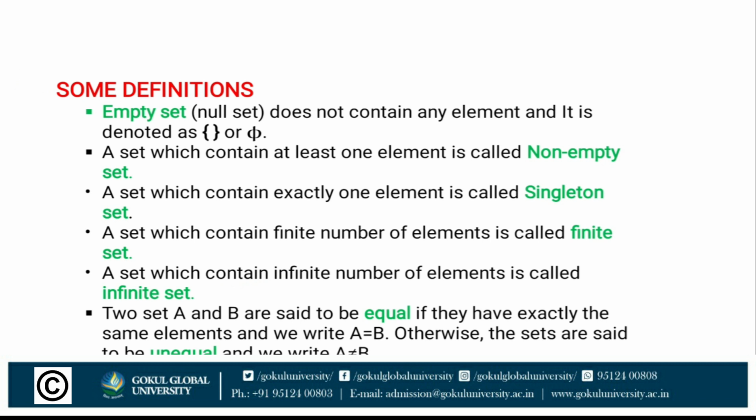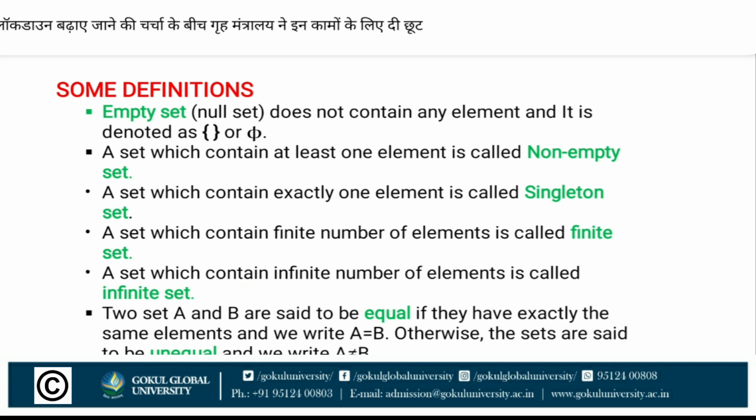Now we discuss some definitions of set theory. First definition is the empty set. An empty set does not contain any element and it is denoted by phi. A set which contains at least one element is called a non-empty set.